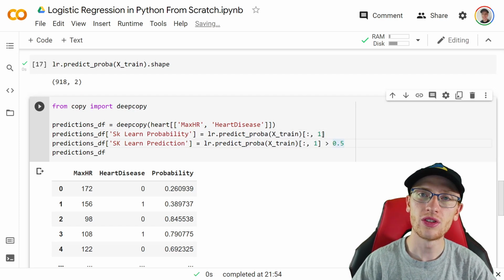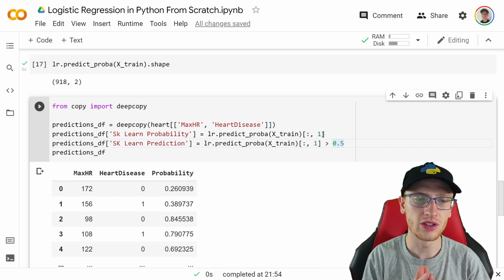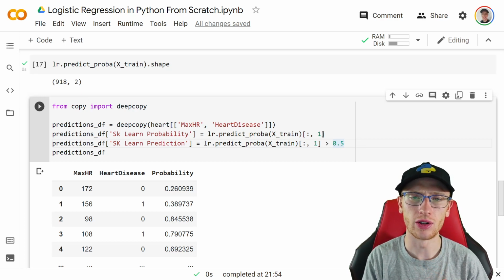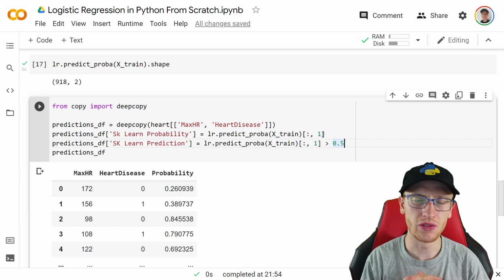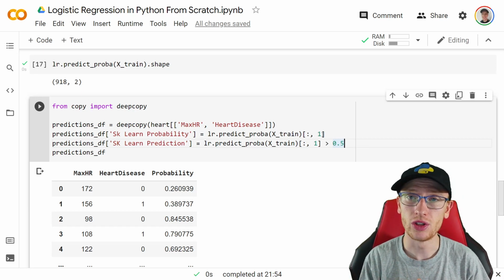So here, if we say the probability is bigger than 0.5, it's basically saying, okay, what's the probability that they have heart disease? Well, if I have a 50% guess, that means I really don't know which one it is. But if I output, say, a 60% chance, I'd say, okay, I'm only 60% confident they have heart disease, but what would I actually guess if you were to ask me?